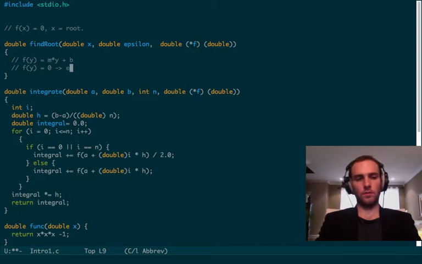You put b on the other side, you get minus b equals m times y, and you put m on the denominator, so you get minus b over m equals y.